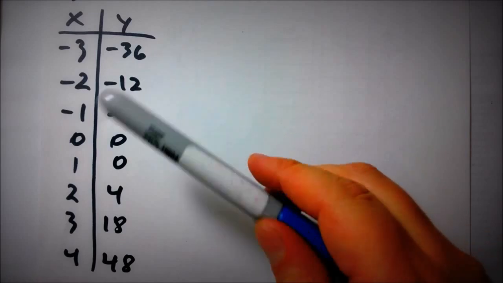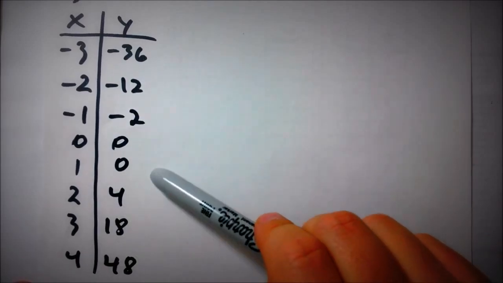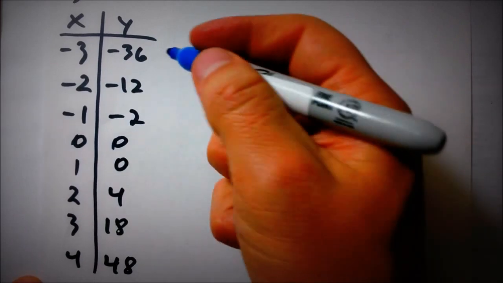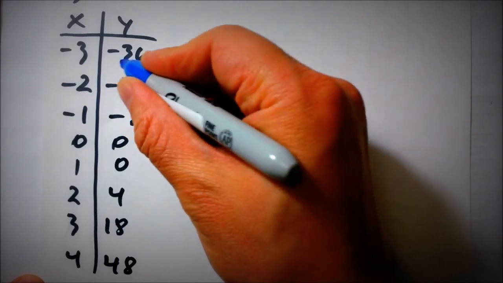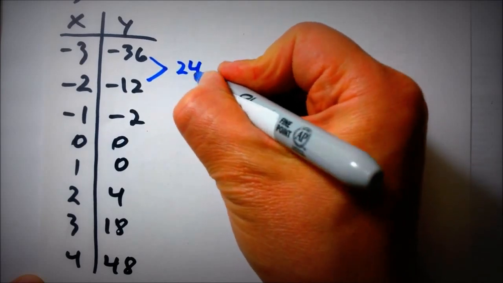So in order to find the degree of this polynomial function, let's find out where the finite differences are located. So let's start finding out the first differences. Okay, so minus 12 minus 36, that becomes plus 36. This becomes 24.